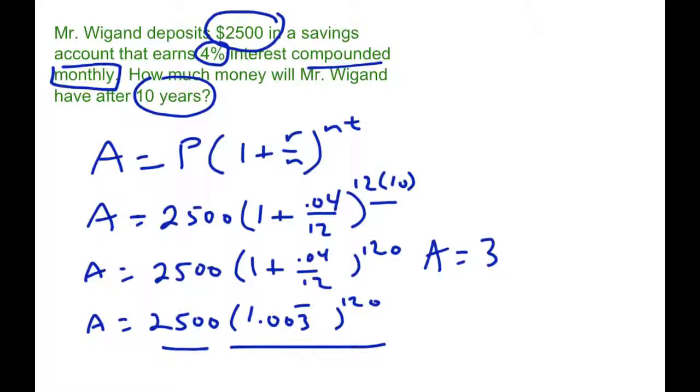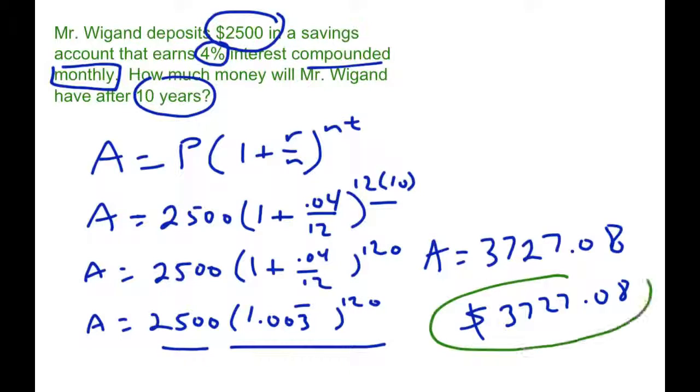So $3,727.08. So $3,727.08 is how much I'll have in 10 years if I initially invest $2,500 at a rate of 4% that's compounded monthly.